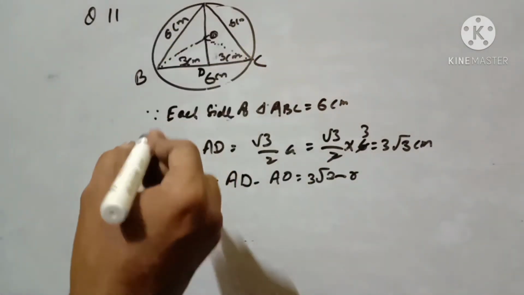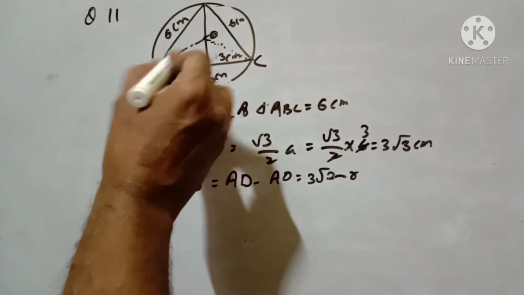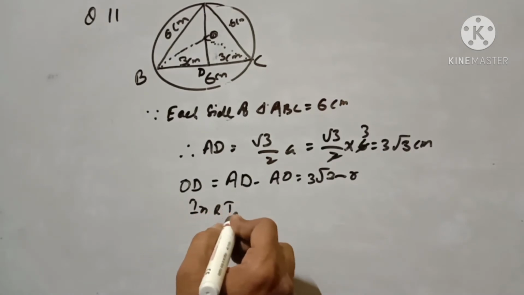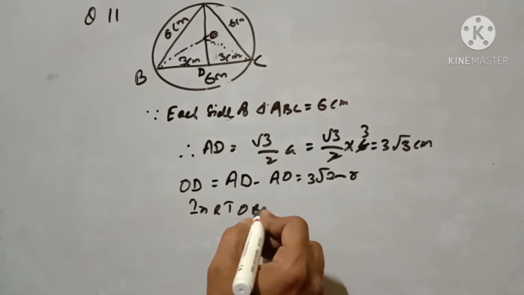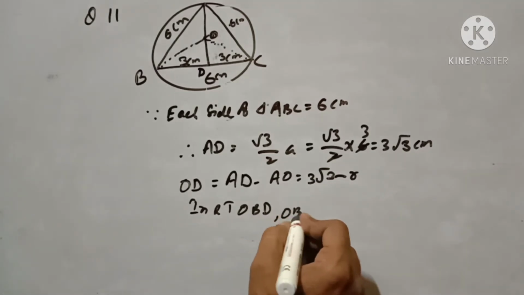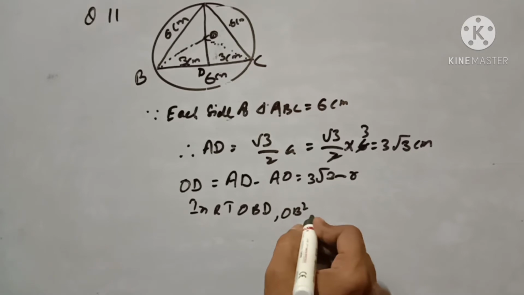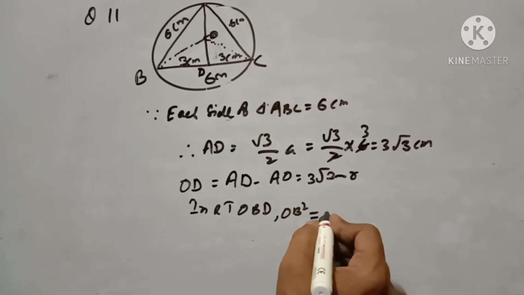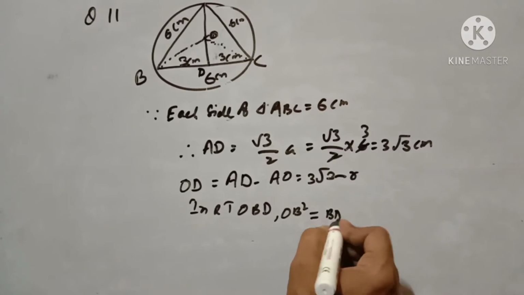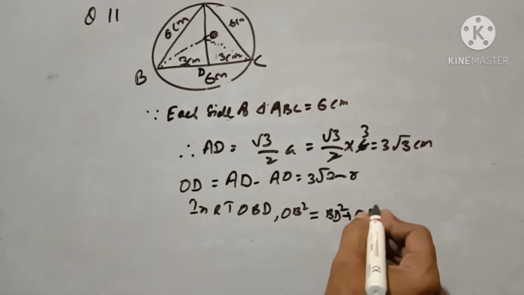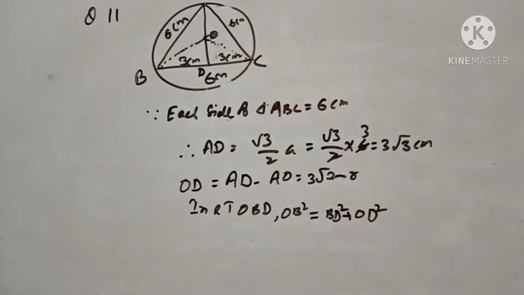Now we are considering this right triangle OBD. OB square equals BD square plus OD square, by Pythagoras theorem.